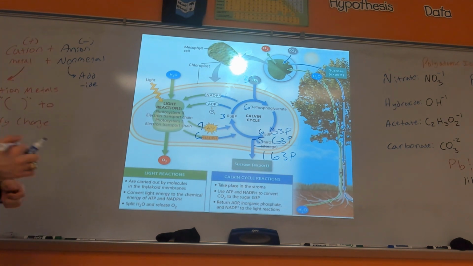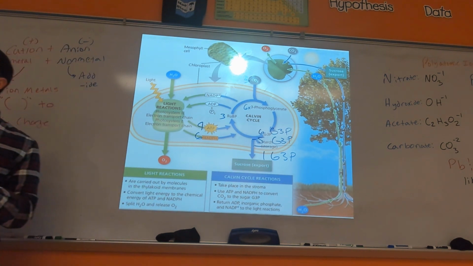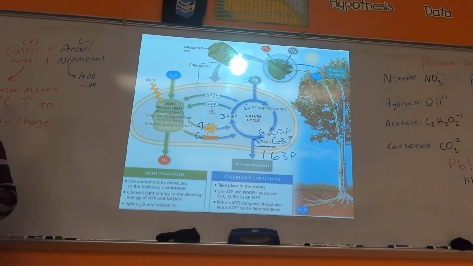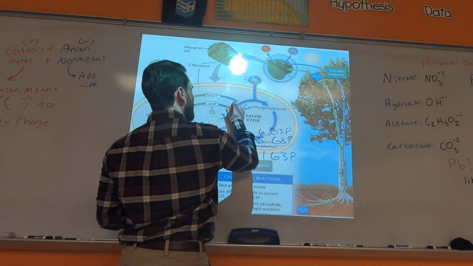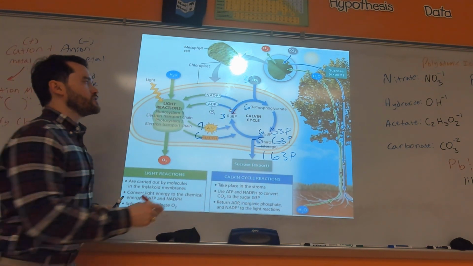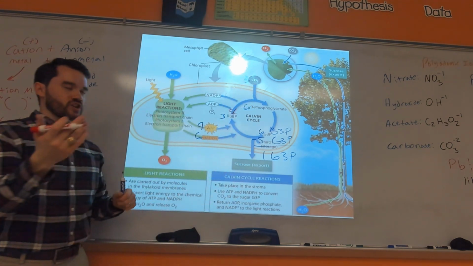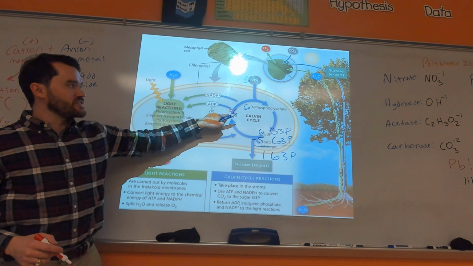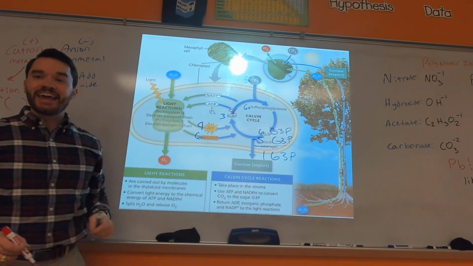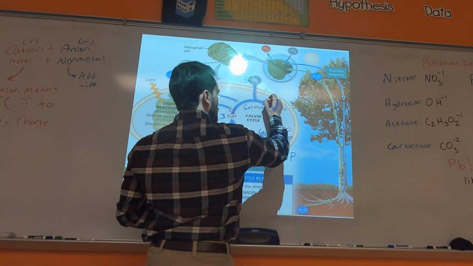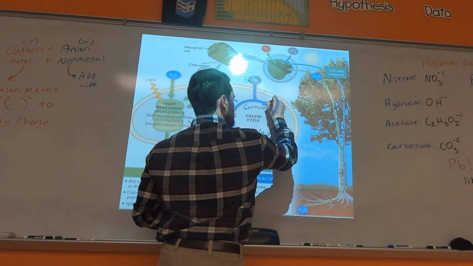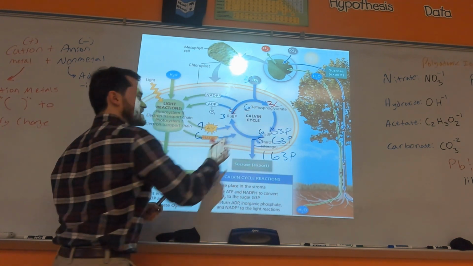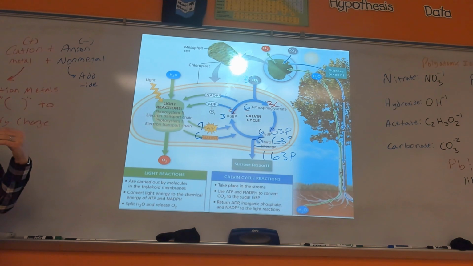Remember RuBP, if we think of it as counting carbons, that's something they want you to keep track of. RuBP is a 5 carbon sugar. CO2 is a 1 carbon molecule, but there's 3 of them. So 3 times 5 is 15, plus another 3, that's 18. 3PG is a 3 carbon sugar, but there's 6 of them, so that keeps track of the 18.